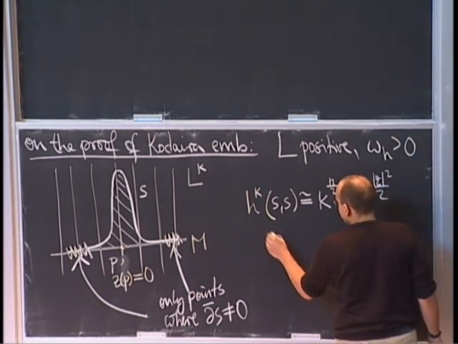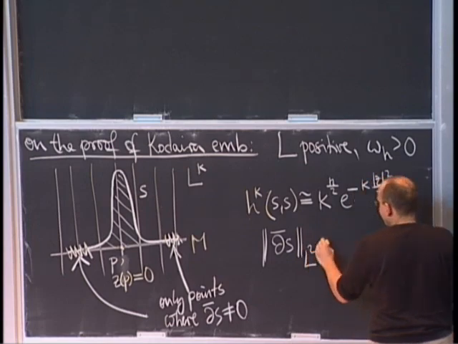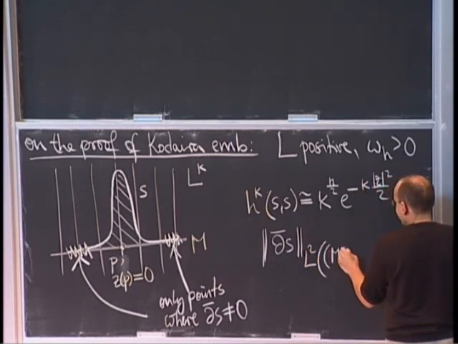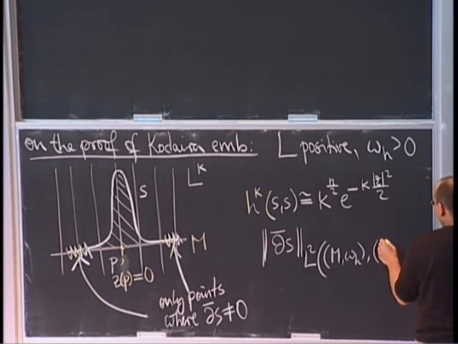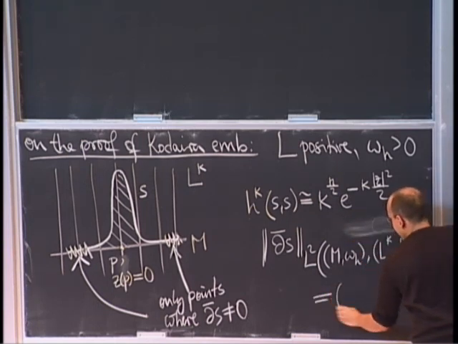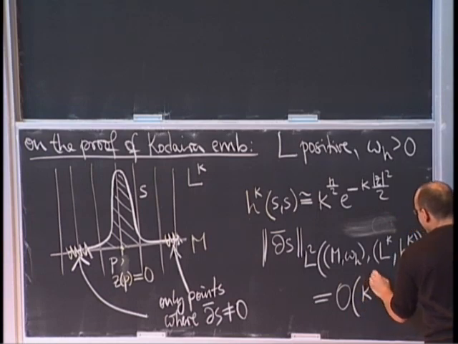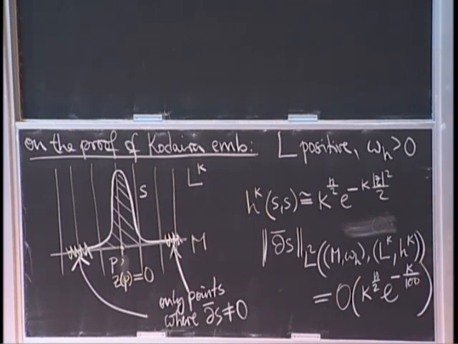So then it's actually going to be true that d bar of the section, if I measure that in L2 with respect to my fixed Kähler metric on the base and this Hermitian metric h to the k on the line bundle L to the k, then this is going to be O of k to the n over 2 times some constant here, but something that goes to 0 exponentially fast.